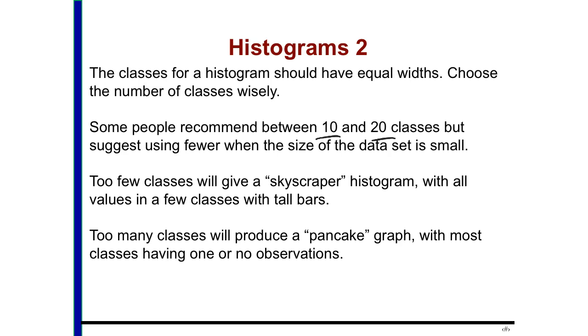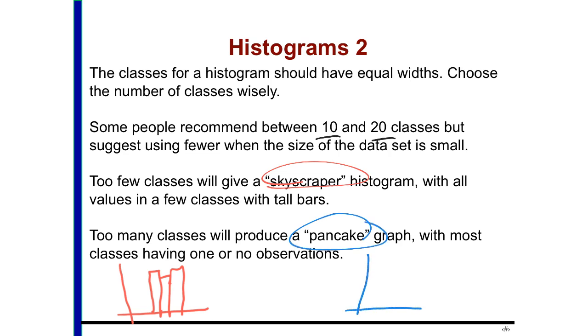Often if we have too few classes, let's say we only had 3 classes, we would have what they call a skyscraper histogram. If I can do a little sketch down here, here are my axes. A skyscraper would only have a few tall bars because most of your data will be in those, since you only used a few classes. If you use too many classes, that would be a pancake type of graph, which would look like this.